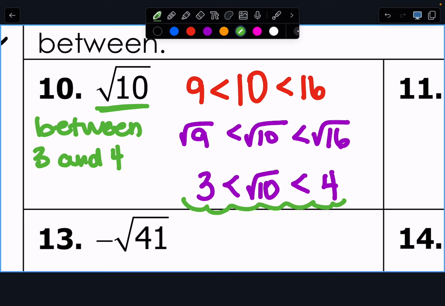Okay? How did they know that? Is 10 closer to 9 or 16? Closer to 9. Okay. Since it's closer to 9, then it's going to be closer to 3. Okay.